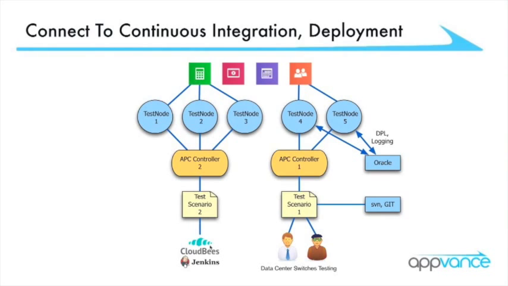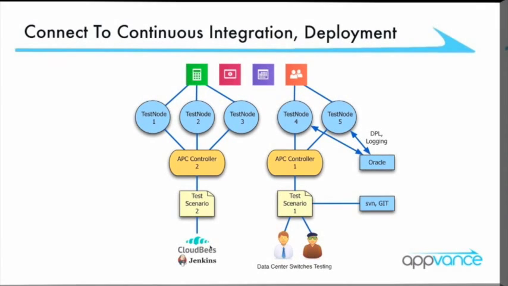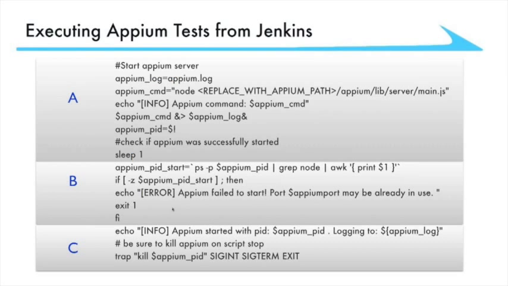Now, doing that can be kind of tricky. So on this slide, I've shown you a typical script that we would type into Jenkins to tell it to do 3 things, and I've labeled them A, B, and C here. So in A, we're basically starting up the Appium server. So you can see here we've defined where the logging is going to be, what command to execute.